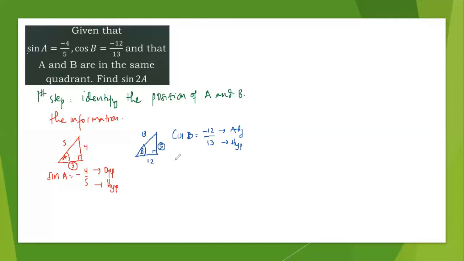Okay. The information is both in the same quadrant, right? So, can you guess the position of A and B in the same quadrant?